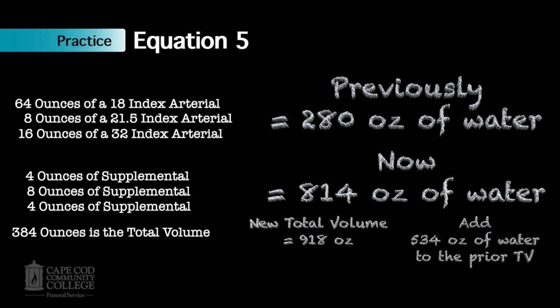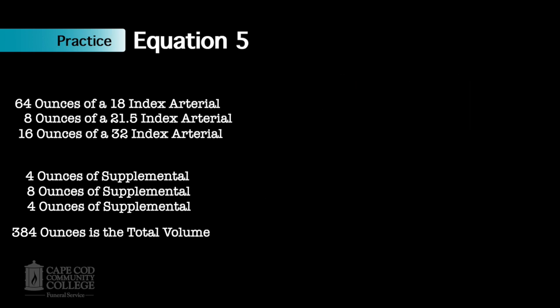The new total volume with the additional amount of water is now 918 ounces as opposed to the 384 ounces of total volume that we had prior. This means in order to obtain the new total volume to dilute the tank, we had to add 534 ounces of water to the prior total volume.